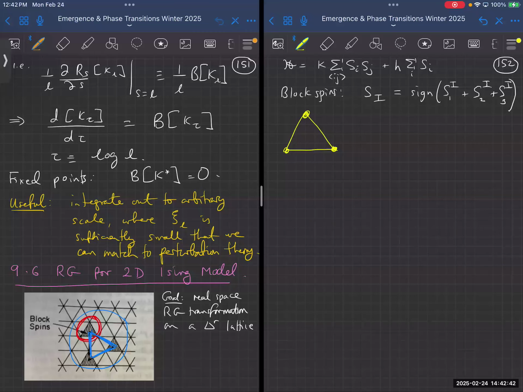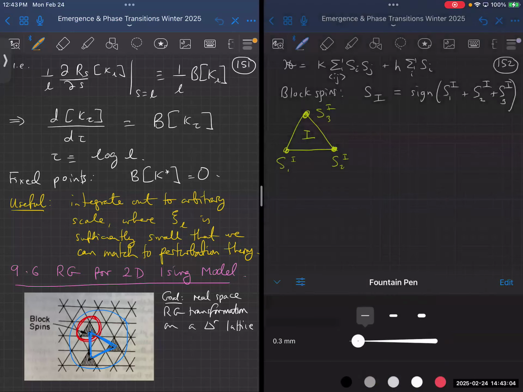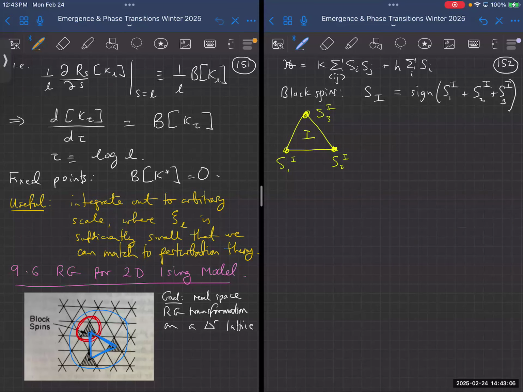This would be S1 in block I, S2 in block I, S3 in block I. So that's the renormalization group transformation that I want to do. And so once we take these spins and build a block spin out of those.